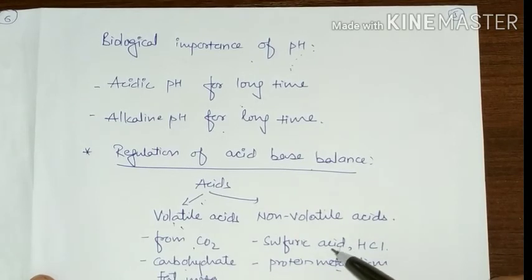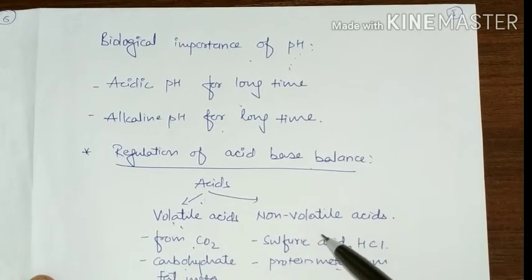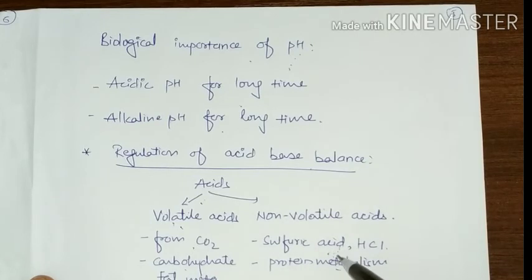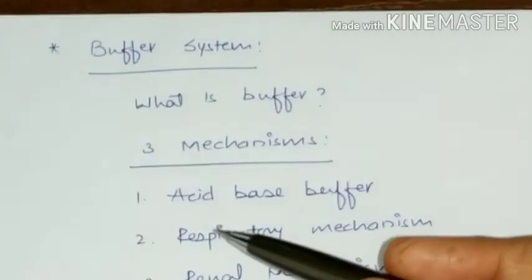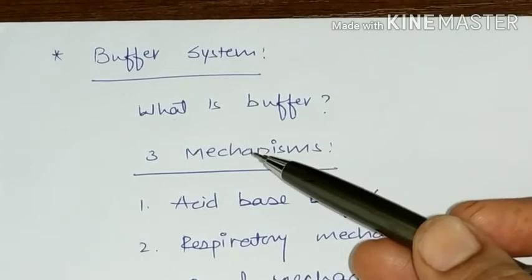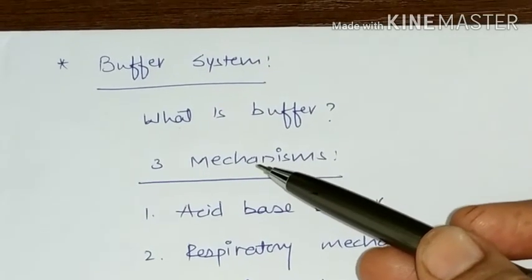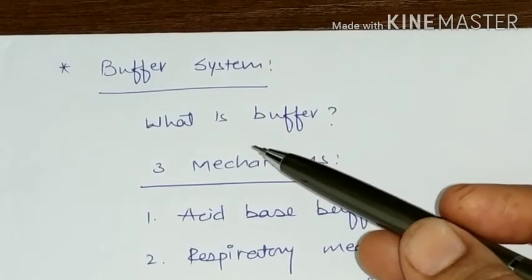Whenever there is change in the pH beyond the limit, we have various compensatory mechanisms. They bring the change back to the normal, and these systems are known as buffer systems.